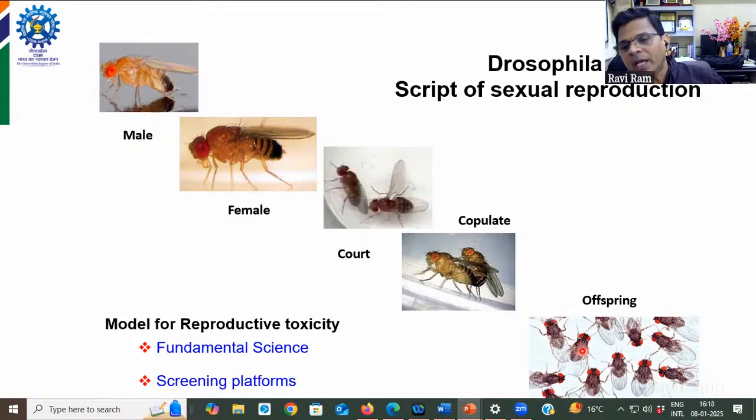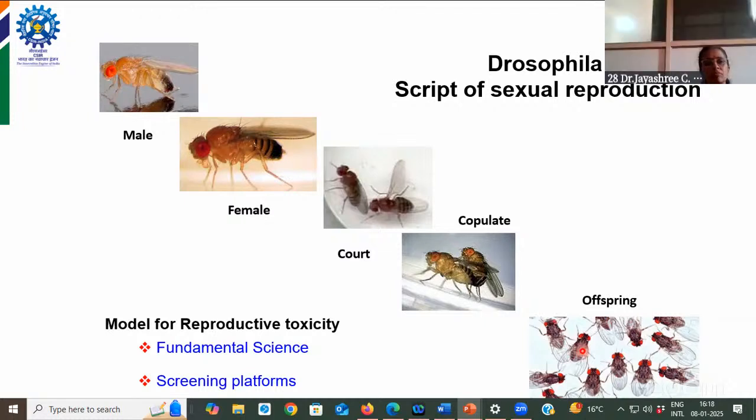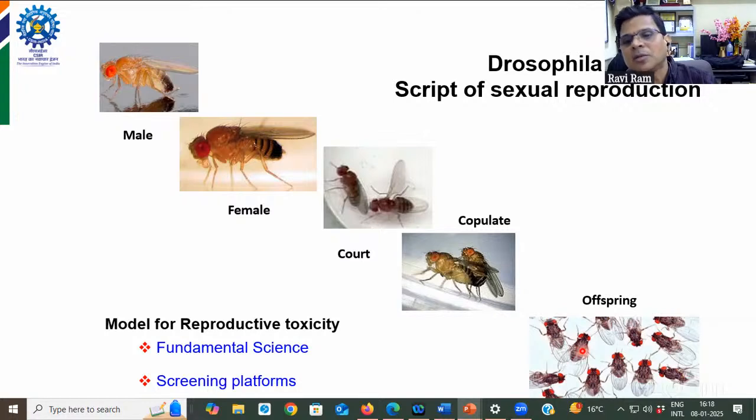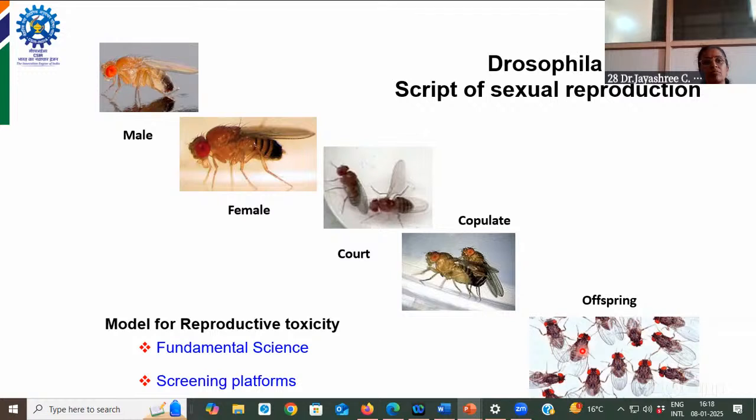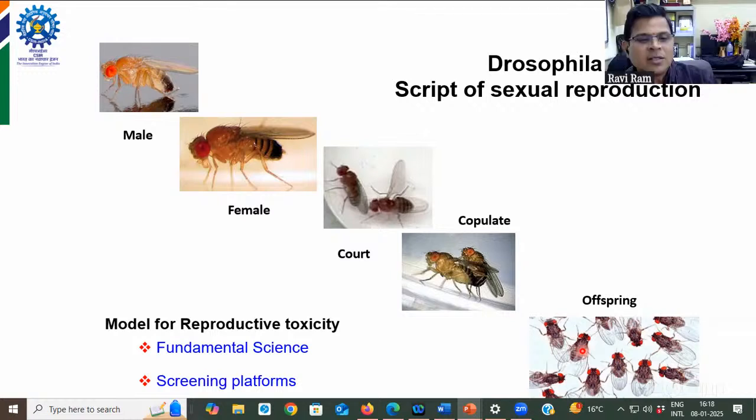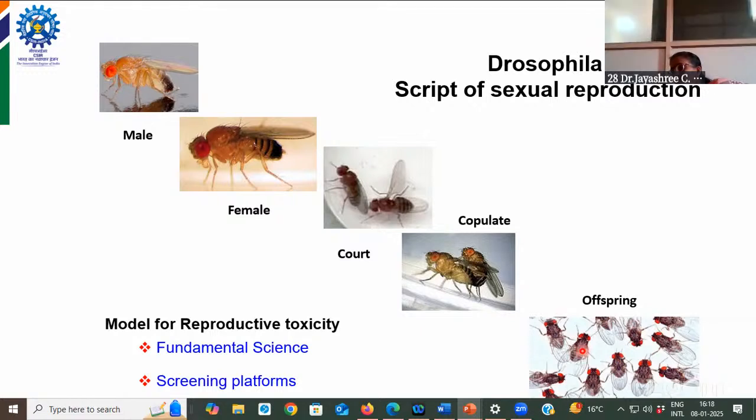Apart from that, this model has a wonderful collection of all kinds of molecular tools with which you can manipulate the genome of this fly or generate transgenics. So it has been the Cinderella of genetics for understanding the fundamental concepts of biology.